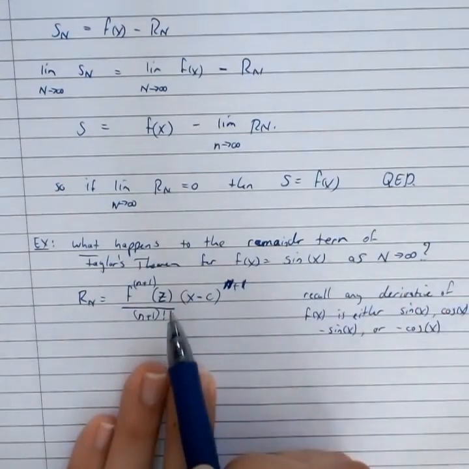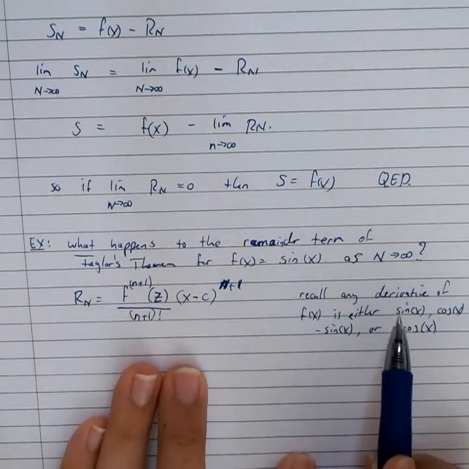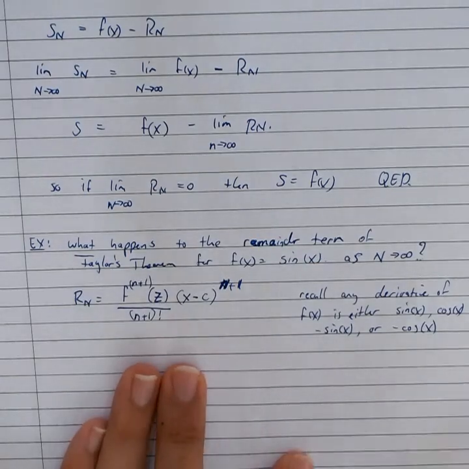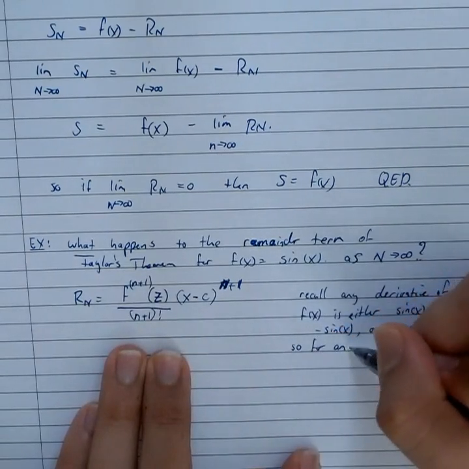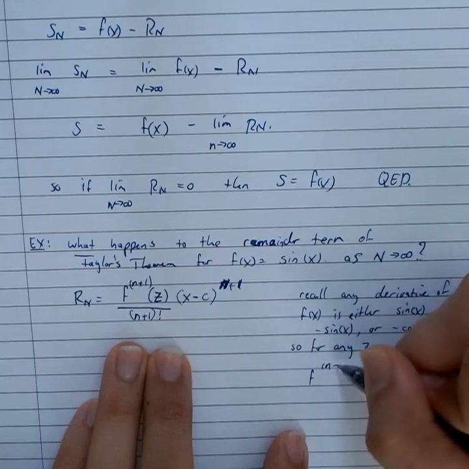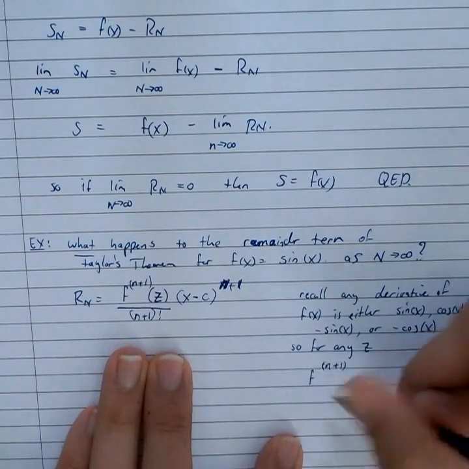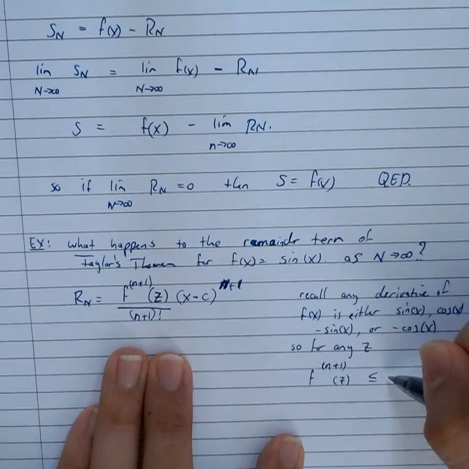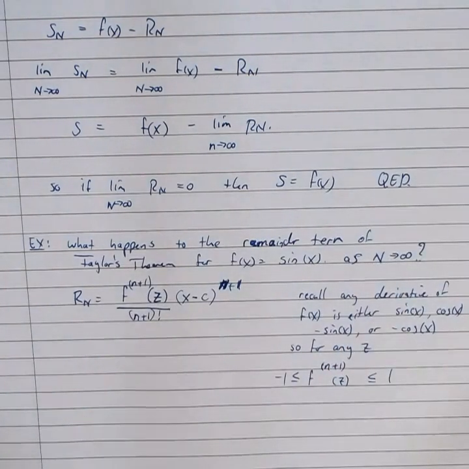Okay. Now here we don't know what number we're plugging in, but we know we're plugging it into sine of x, cosine of x, negative sine of x, or negative cosine of x, which means that for any z, the n plus first derivative of f at z must be between minus 1 and 1, because sine and cosine of x are between minus 1 and 1.